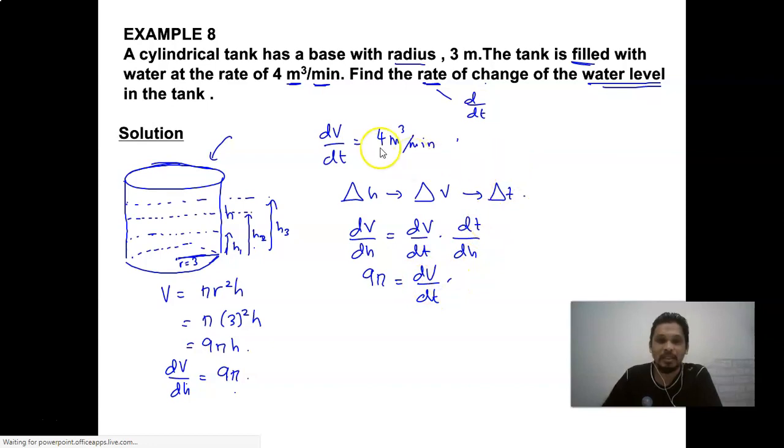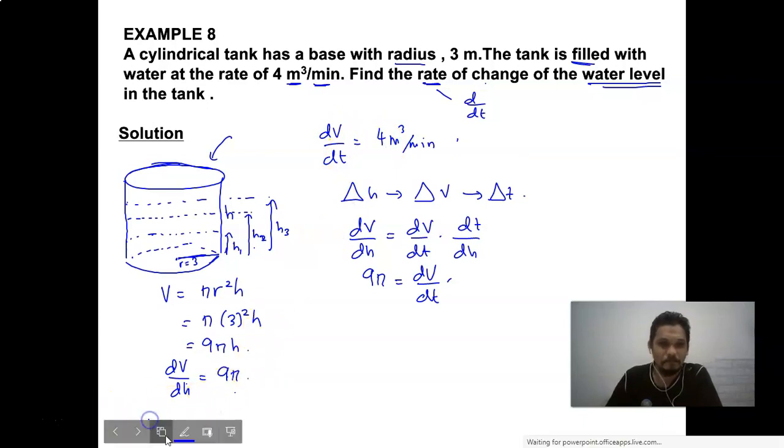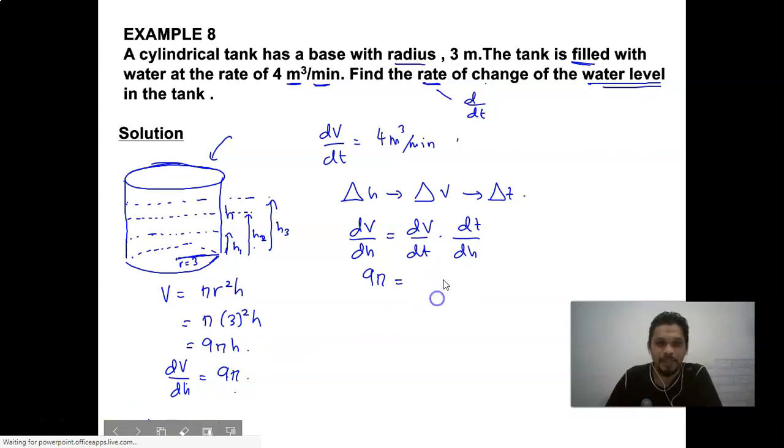Oh, sorry, dV/dt is given there. I didn't realize that. dV/dt, the rate of filling of water, is 4 meter cubed per minute. dV/dt is given here, which is 4. And then dH/dt is not given.